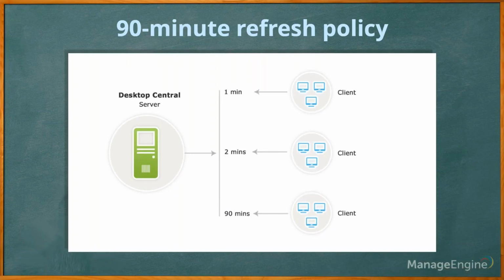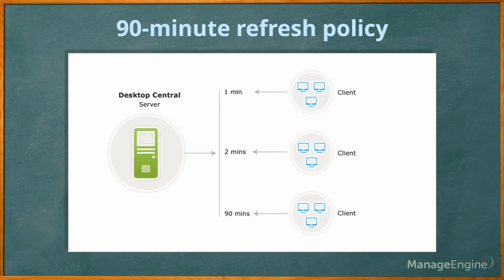By having this, two factors are ensured: the network is not choked by agent server communication, meaning bandwidth is not disturbed, and the performance of the server is not impacted at any time. The Desktop Central server has intelligence to ensure systematic and streamlined communication from all agents at regular intervals. That's an advantage of using the 90 minutes refresh policy.